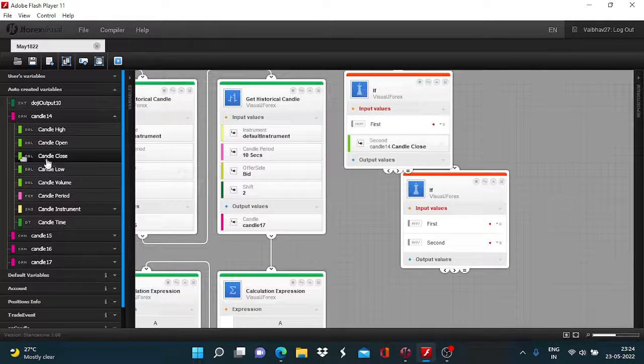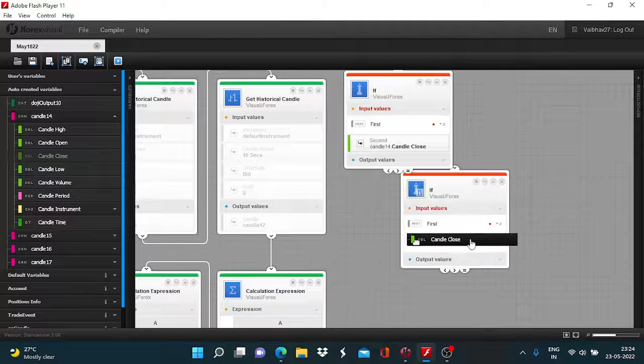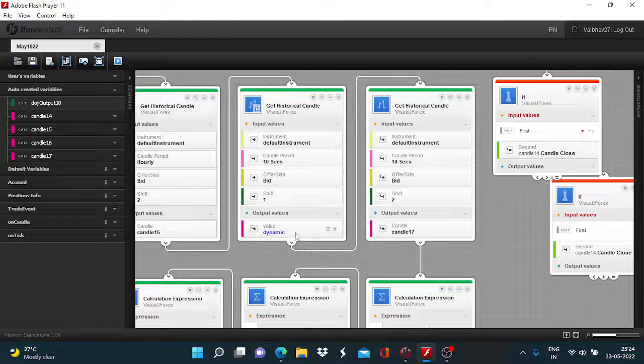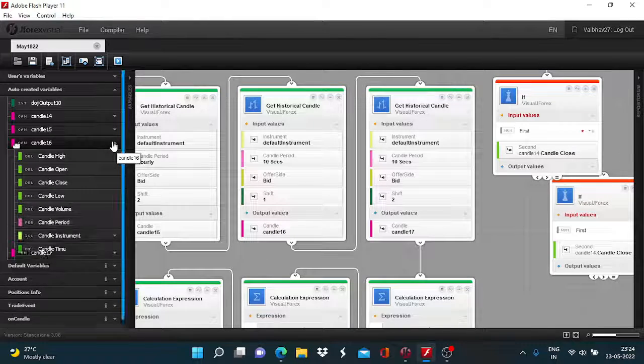Candle 14 candle close will be the common input in both of these cases, which will be compared to the closing values of candle 16 and candle 17 respectively.